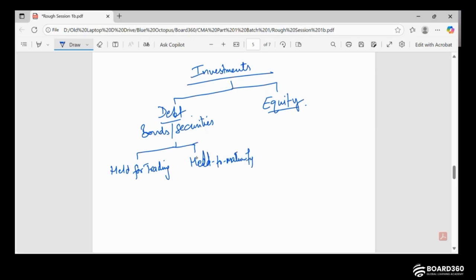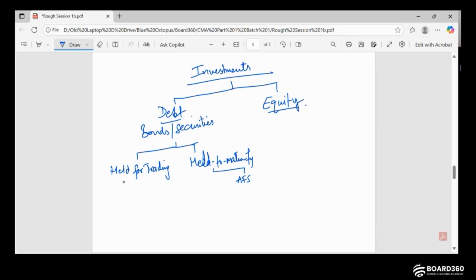right? And the third one can be the one which has been held to maturity but is considered as available for sale before maturity. In between, your intention was to keep it till maturity, but your intention changed and you want to sell it now, right?